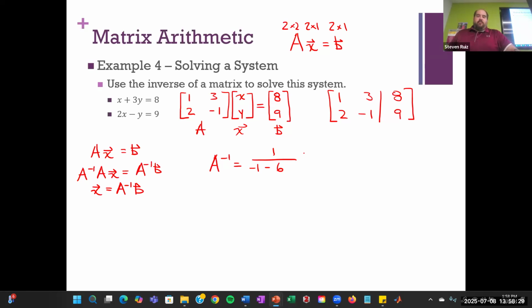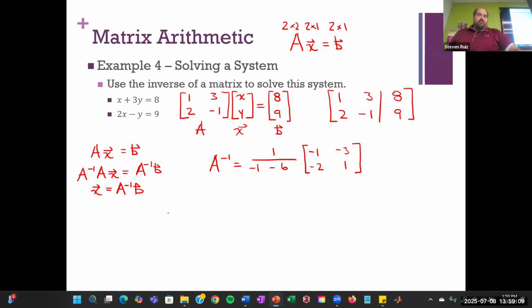Okay, so -1/7 times something. What's this other matrix going to look like? -1, -3, -2, +1. So again, the top left to bottom right diagonal, swap those entries. And then the minor diagonal, the 3 and the 2, change their signs, but keep them where they are.